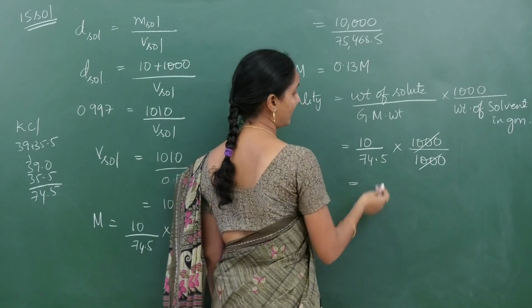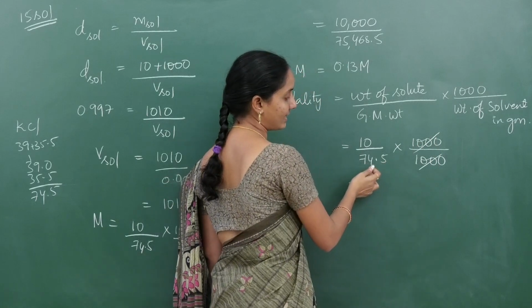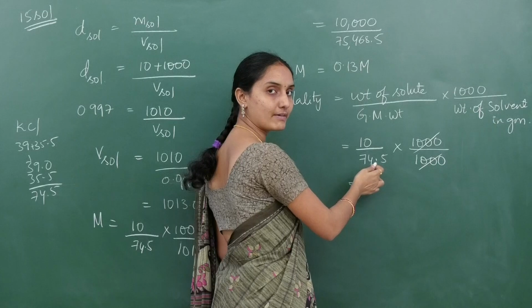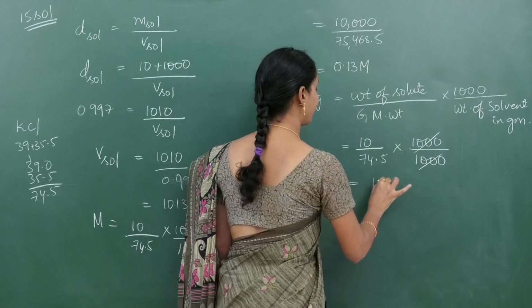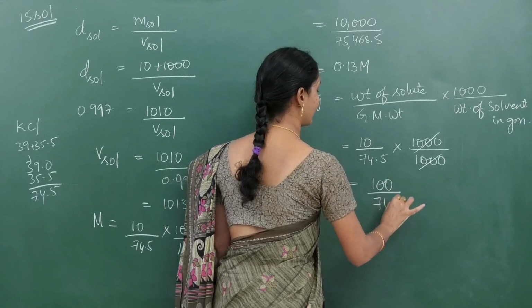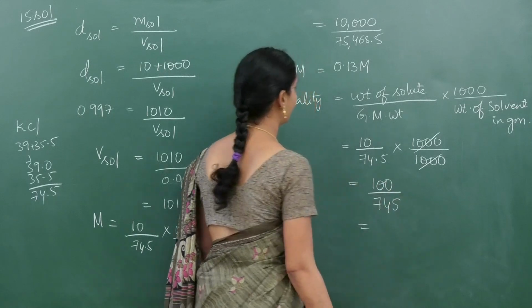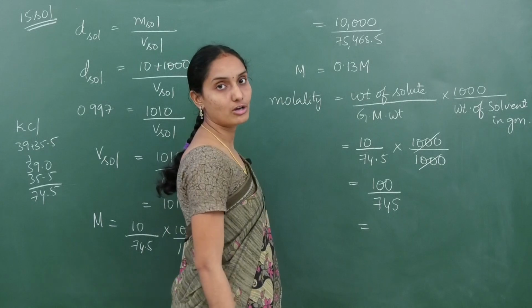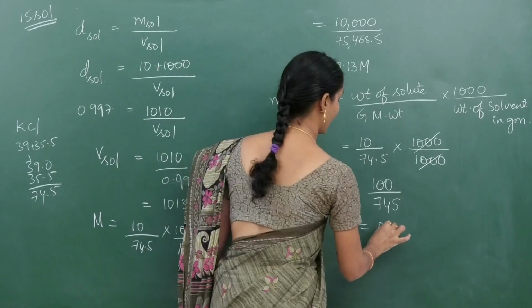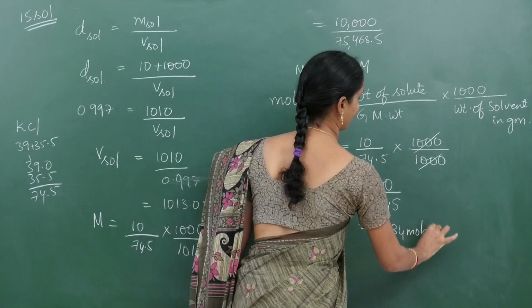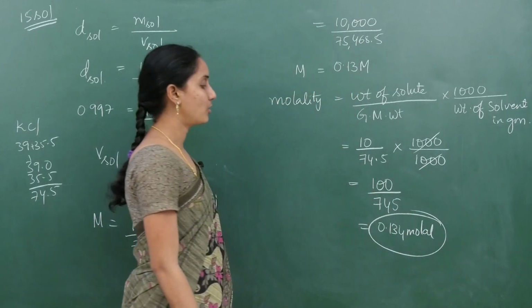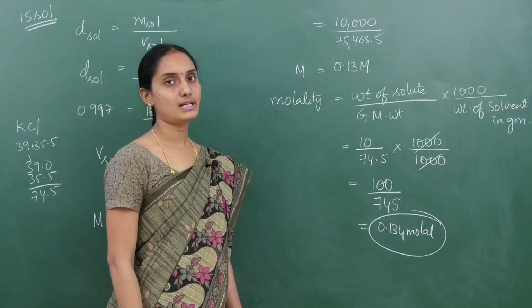These two get cancelled. Now 74.5 can be written as 745 divided by 10. That 10 goes up. So 100 divided by 745 will be left. Now the ratio of 100 and 745 is 0.134 molar solution. So both molarity and molality give the same answer.